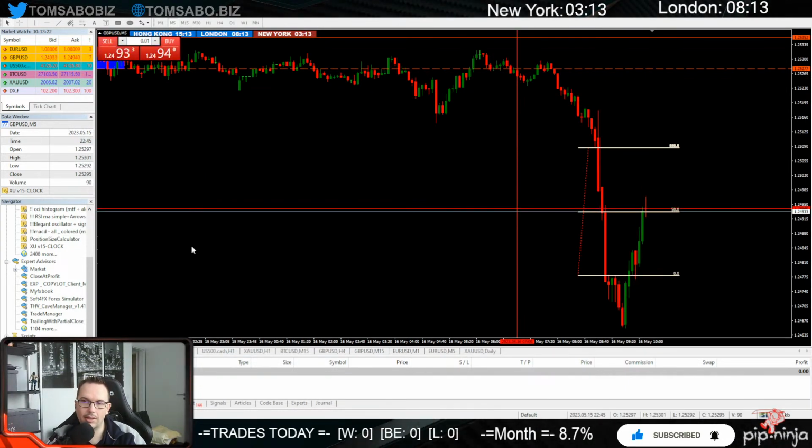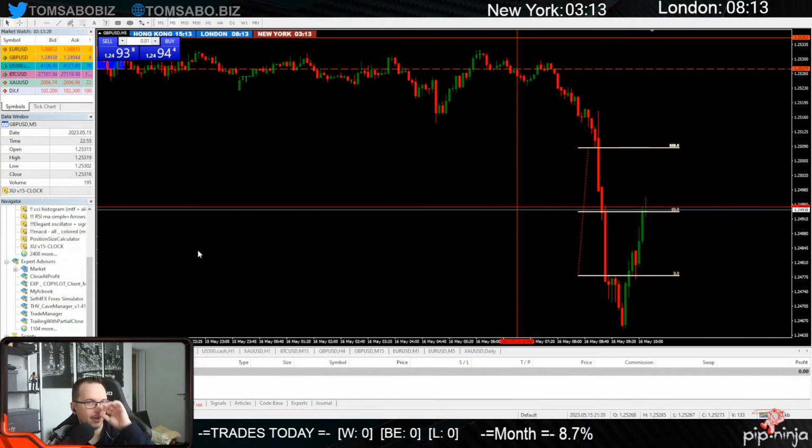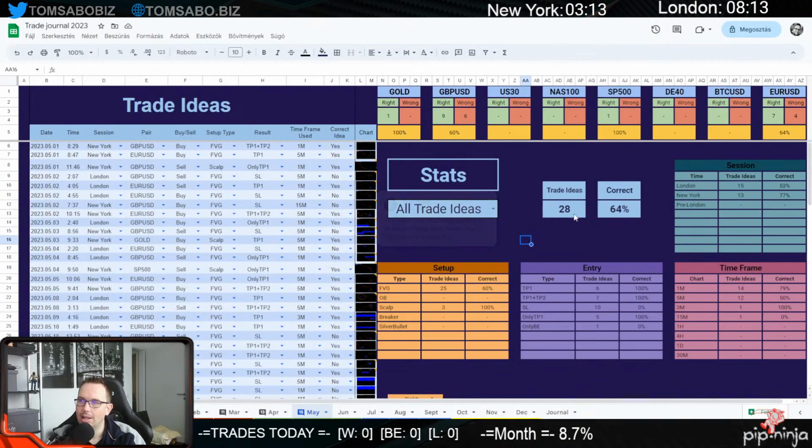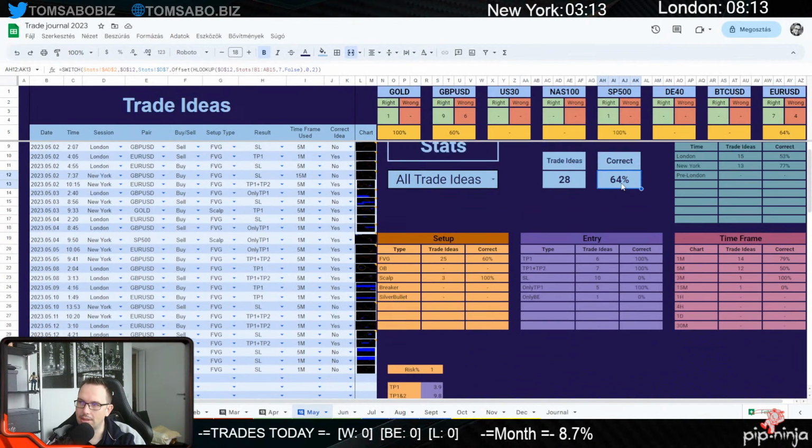I was thinking about this a lot of times. I would be having more stop losses for sure. So my win rate would go down from this 60 something percent. Actually, before yesterday, this month's success rate was over 71 or 72%.